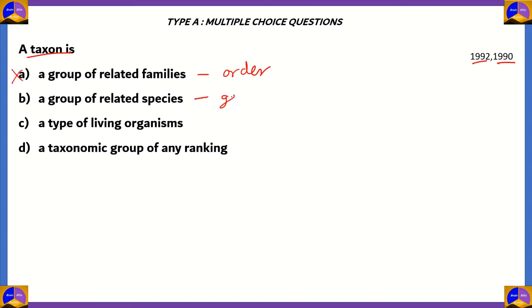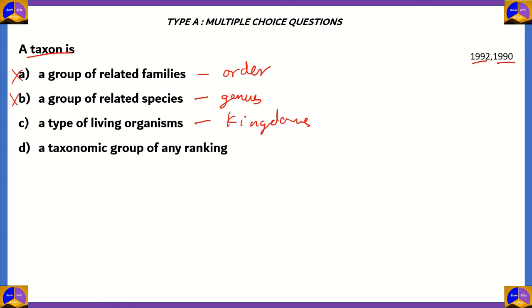Similarly, a group of related species is called genus. While genus is a taxon, it is not the only one. So again, this will not be the most appropriate. A type of living organisms, again, this can refer to any amount of any type of organisms, and we usually classify those into kingdoms, which again is a taxon but not a particular type. So all kingdoms are taxons, but all taxons are not kingdoms.